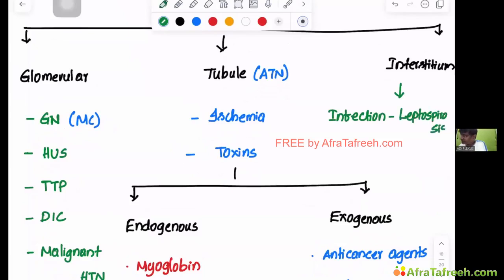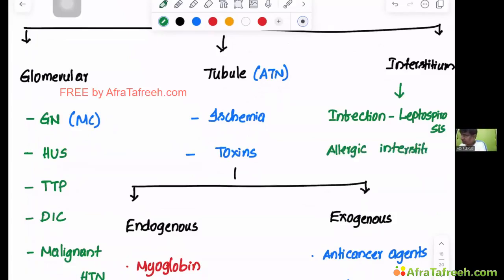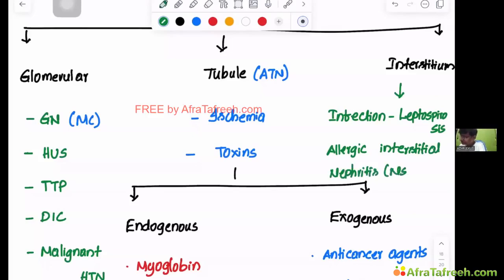And not only that, the interstitium can also be affected by drugs, and that we call allergic interstitial nephritis. What will be the abnormal urinary abnormality in allergic interstitial nephritis? You see that secondary to antibiotics or even NSAIDs.